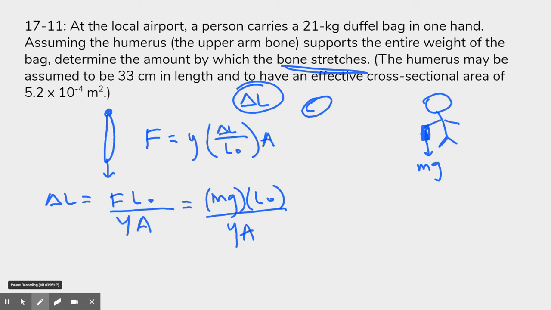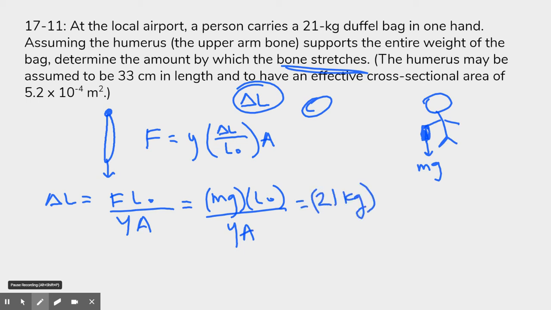Now we really just need to plug in our information, and we will need to look up the Young's modulus value for this particular problem. For this, we know that M is 21 kilograms.